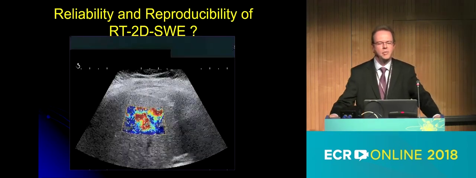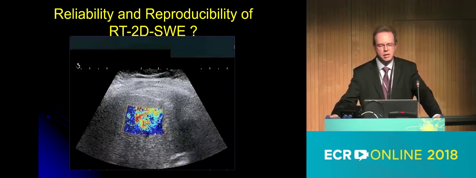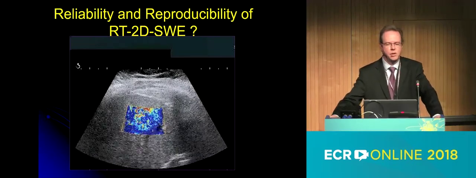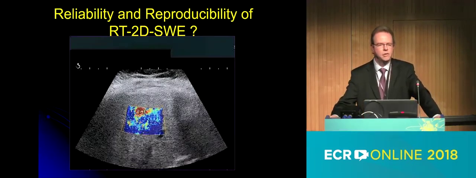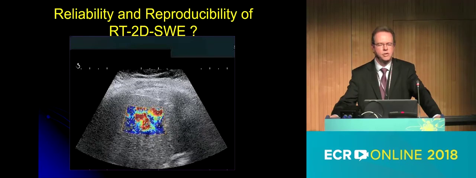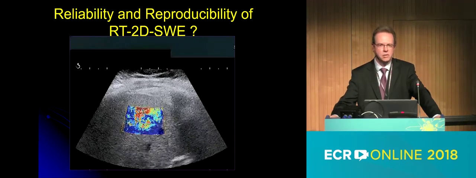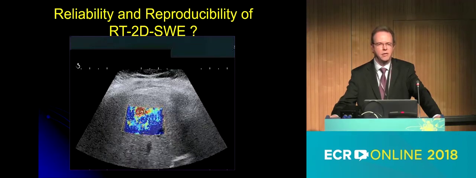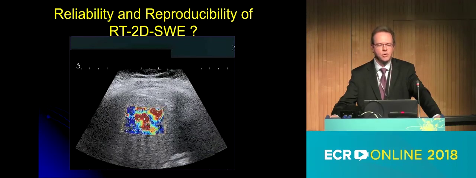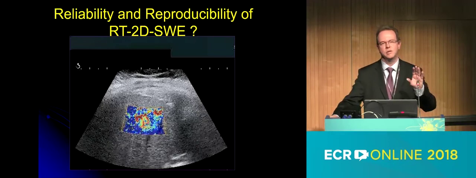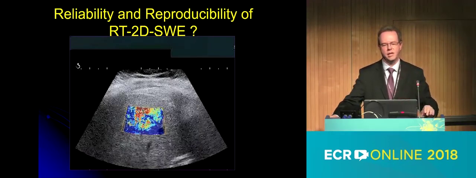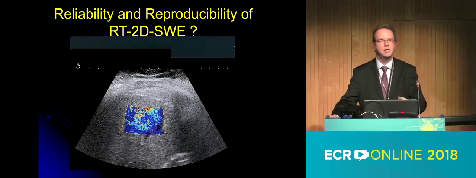What about reliability and reproducibility of real-time 2D shear wave elastography? Of course, reliability and reproducibility are governed by the quality of the acquisition. And of course, we need to do the measurement in an area where the signal is stable with time. Here, it's obviously not the case.